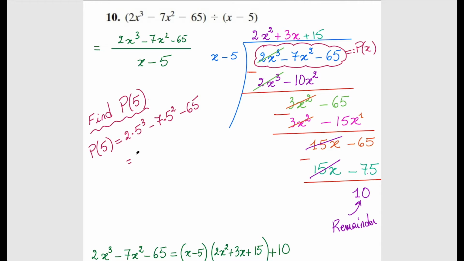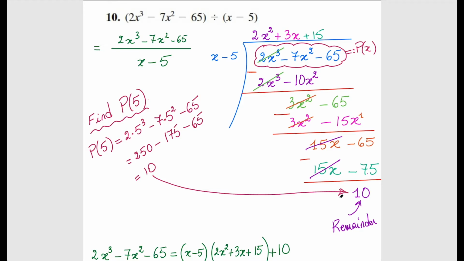So 5 cubed is 125, and 125 times 2 is 250. 5 squared is 25, and 25 times 7 is 175, plus 65 is 240. 250 minus 240 is 10, right? It's 10, which is the remainder. Interesting. So if you evaluate P at 5, it happened to be the remainder.